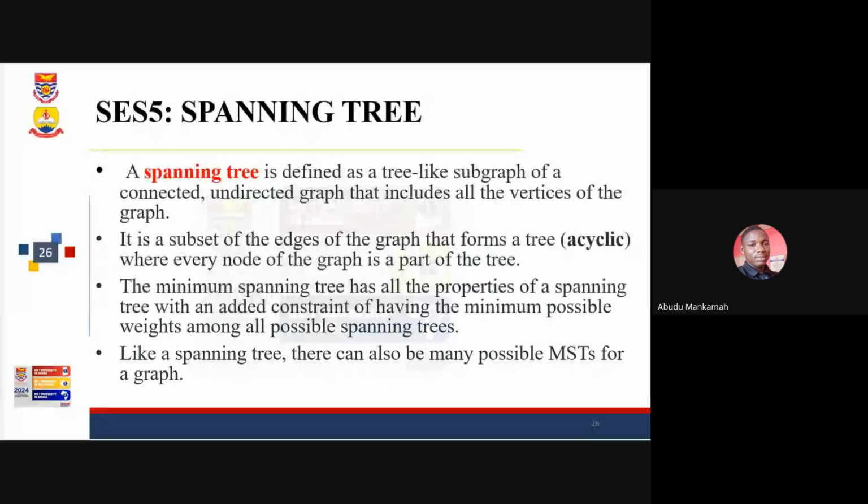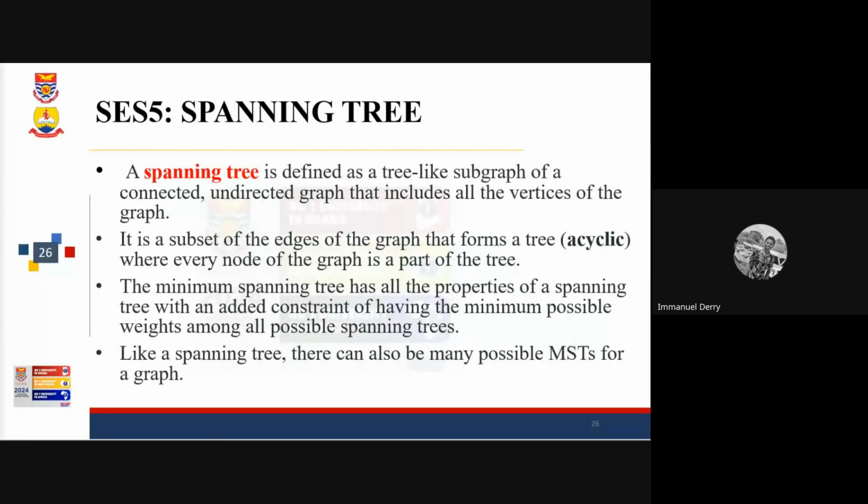All right, so let's continue from here. So please let's notice how a spanning tree is. First, a spanning tree should have all the vertices of the graph, and the graph is an undirected graph, and the graph is a connected graph. Those are what you're supposed to know. And now the spanning tree is a subset of the graph.